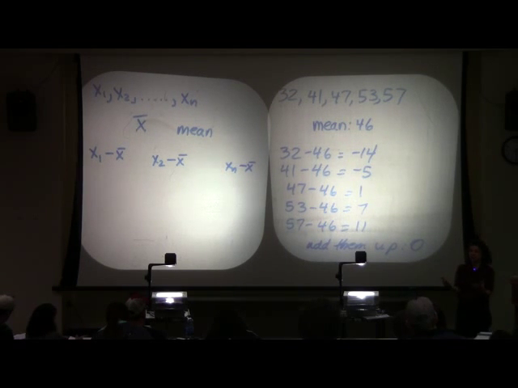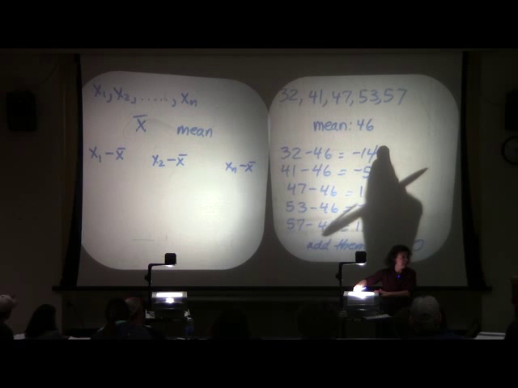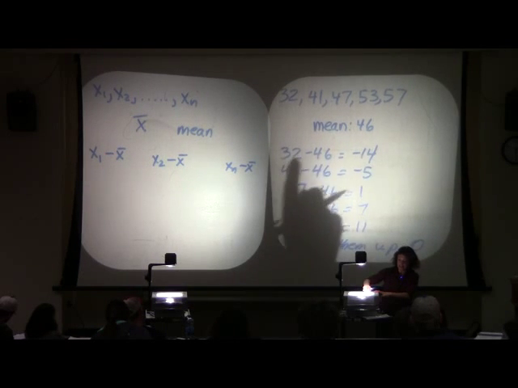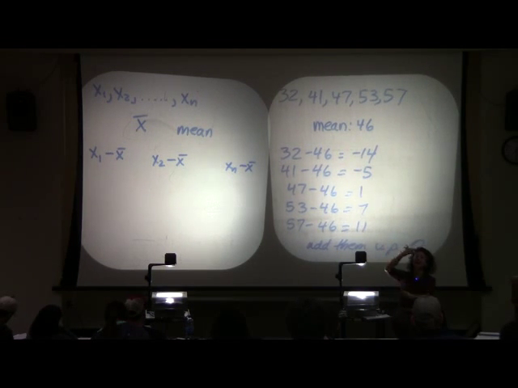But I believe that our intuition is taking us on the right track. So, what went wrong here is the fact that we've got negatives because some of our data is less than the mean, and we've got positives because some of our data is greater than the mean. And those negatives and positives canceled each other out.